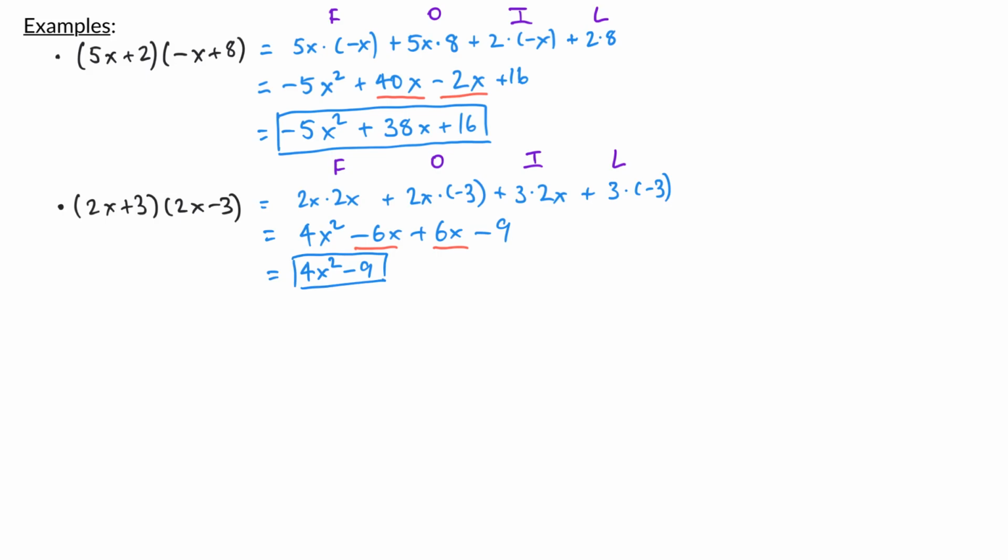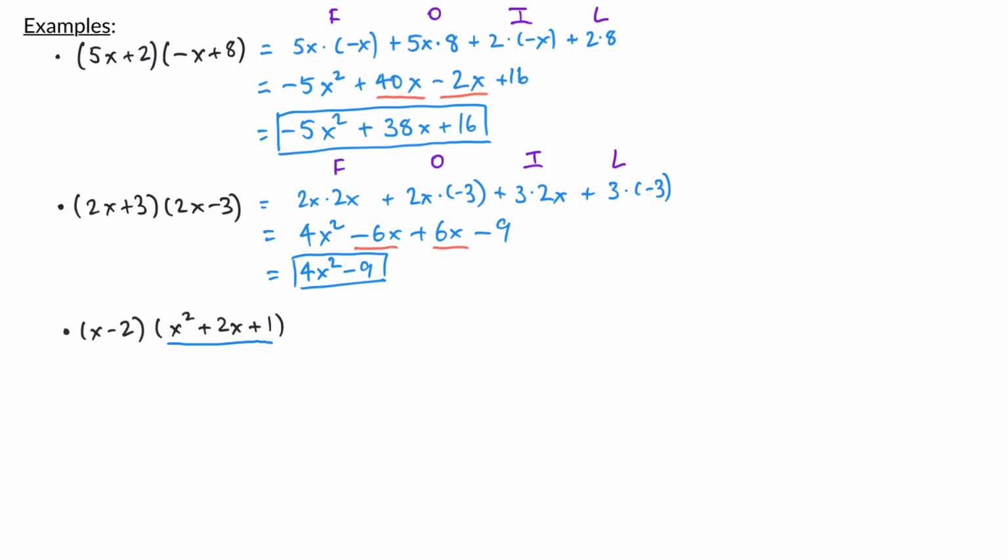Let's do one last example. So here we have the binomial x minus 2 times the polynomial x squared plus 2x plus 1. Unfortunately, we don't have a product of two binomials here, so we can't use the FOIL method. We'll just have to multiply this out using the distributive property. So what we can do is take the polynomial x squared plus 2x plus 1 and distribute it within the first parentheses.